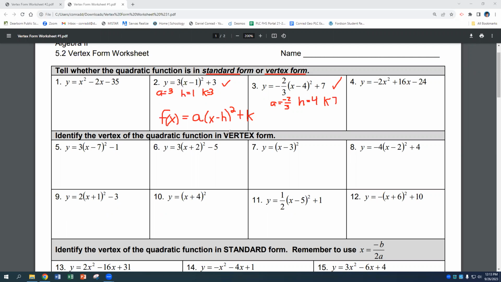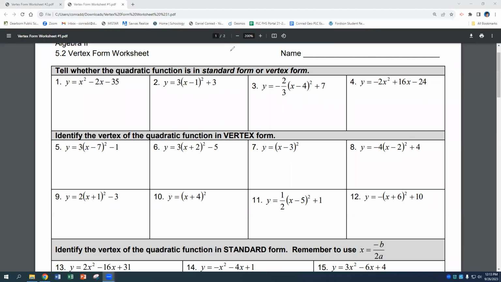Okay. All right, 5 through 8 wants us to tell information about these quadratics in vertex form. So we answered in class 3 things about this: what the vertex was, if it opens up or down, and if it's a stretch or a shrink, a stretch or a compression.